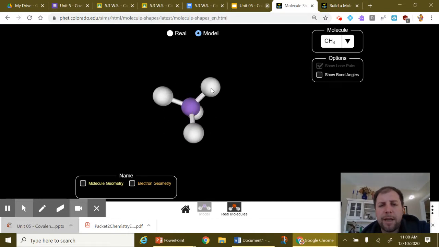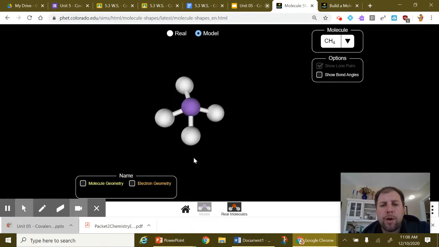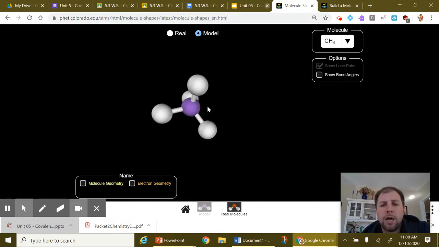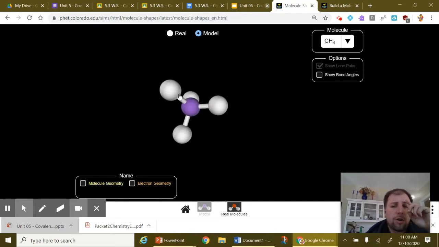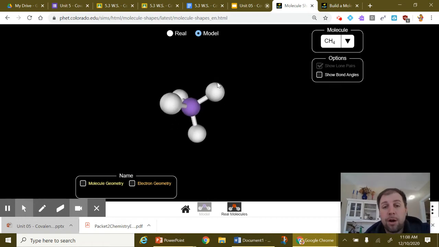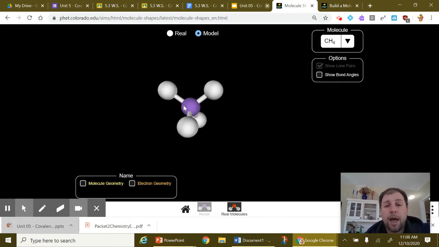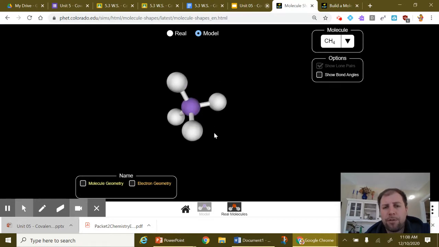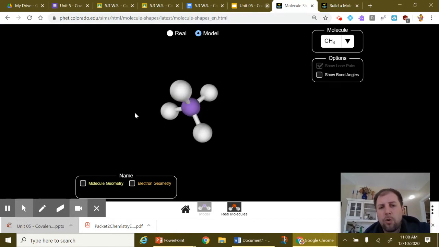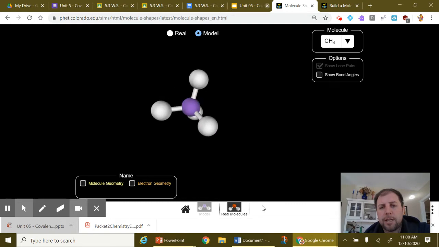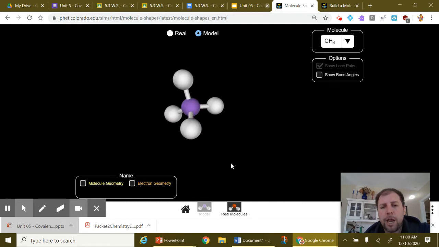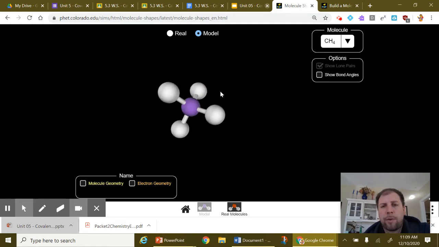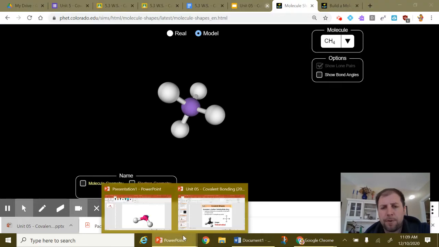If we try and make it flat, the other atoms will move around. They are finding a position that's as far as they can be from the other atoms. And so if you have a central atom with four things bonded around it, we end up calling this a tetrahedral shape. This is as far as the bonding atoms can be away from each other.